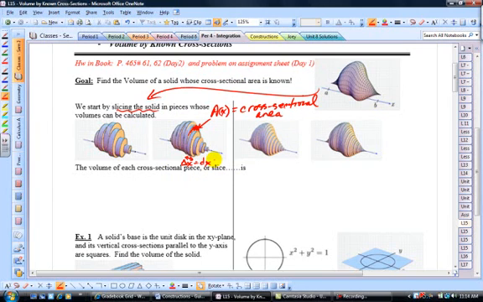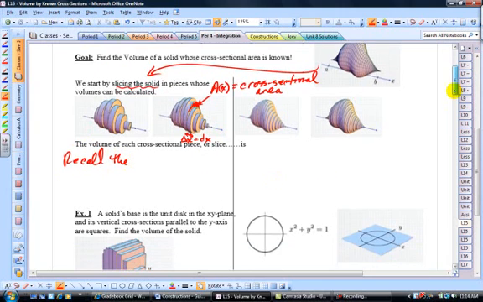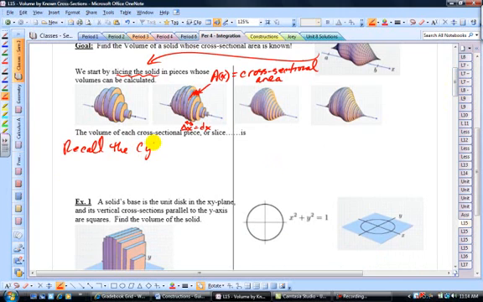But how do you find the volume of a piece where you know the cross-sectional area and you know how thick it is? Let's go back to geometry for a second and recall the cylinder. A cylinder has a circular top base and a circular bottom base. The top base is pretty much synonymous with the cross-sectional area of the slice that I'm talking about up here, and it has a certain height, the distance right here.